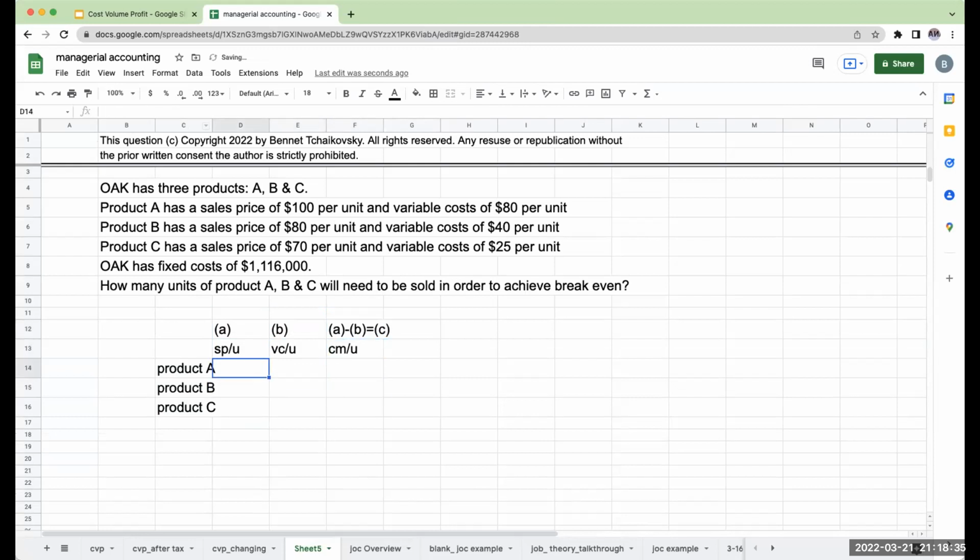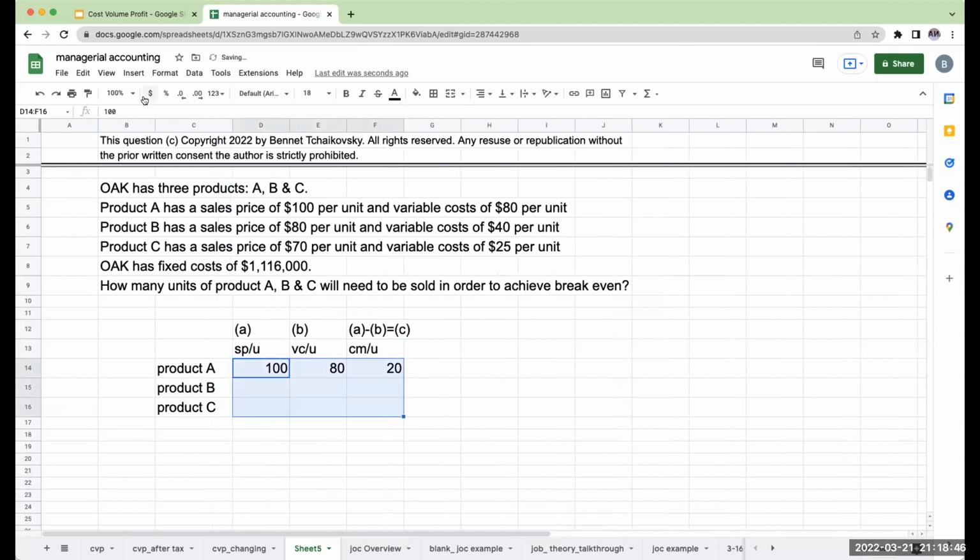For product A, the sales price per unit is 100 and variable costs are 80, so my contribution margin per unit is 20. For product B, the sales price is 80 per unit and the variable cost is 40 per unit, so my contribution margin per unit is $40. Product C has a sales price of 60 and a variable cost of 25, so my contribution margin per unit is 45. Notice I'm not adding anything up on the columns. This is the number that I need.